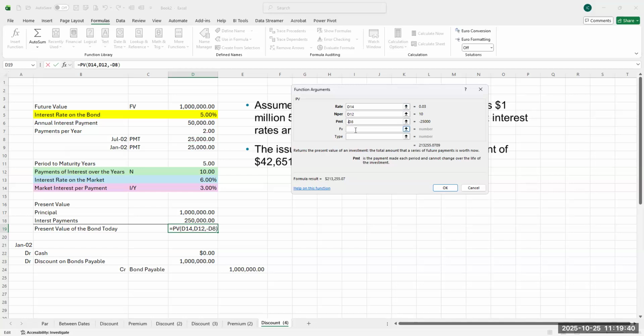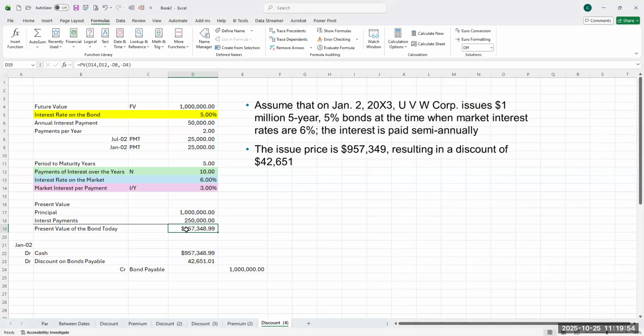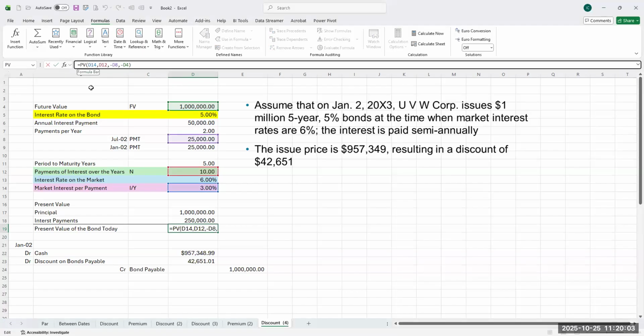That means minus. Future value is $1 million, which we have to pay after 5 years, which is an outflow for us, which is minus. And the question is how much is the present value of those bonds? And once we click OK, the present value is 957,348.99.